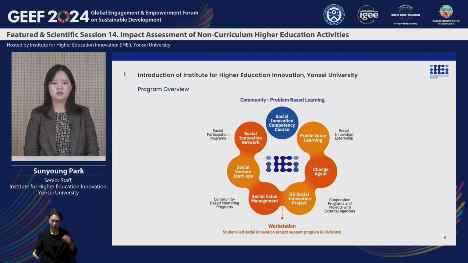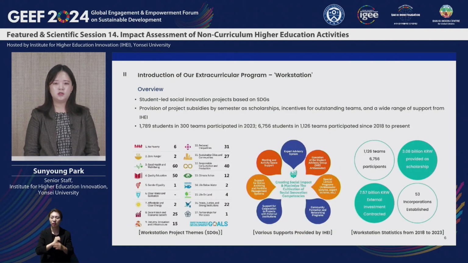Among these, the Workstation, a student-led social innovation projects support program, stands out as our flagship program. At IHEI, we provide semesterly activity support funds as scholarships to teams addressing social issues based on the SDGs. In addition to this, we operate a diverse support system, including expert consultations, special lectures, networking programs, and space support.